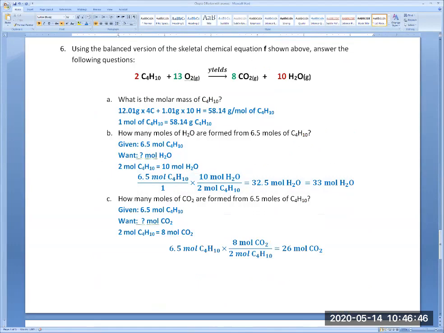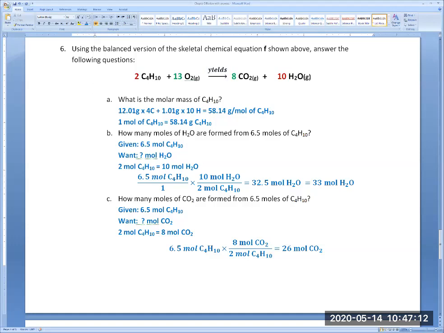And here the chemical equation is telling you 2 moles of butane will react with 13 moles of oxygen to make 8 moles of CO2 and 10 moles of water. So this is what relates oxygen to carbon dioxide in our case.